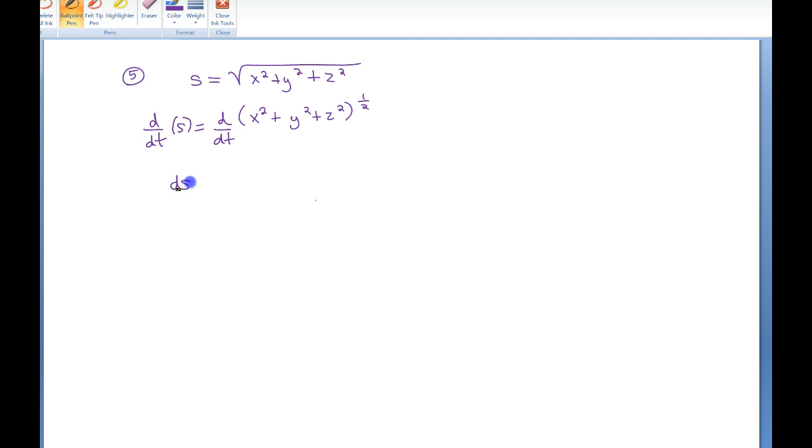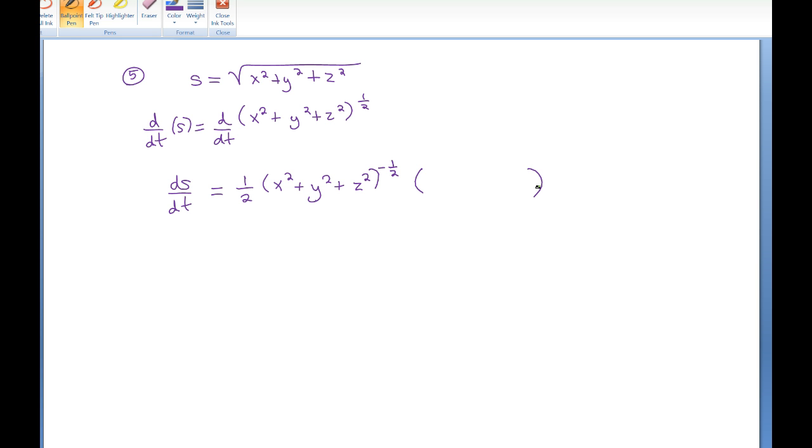So we have ds/dt equals, the 1/2 goes in front. Everything on the inside stays the same. This is the chain rule. And then what goes on the outside? Negative 1/2 power. And then everything on the inside we have to do the derivative of with respect to t.